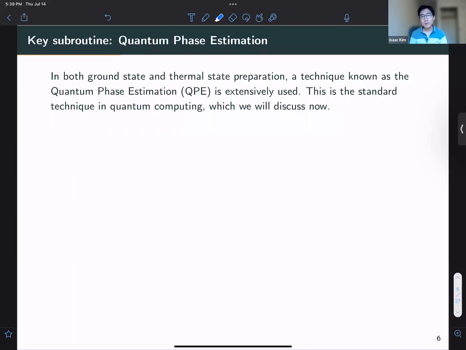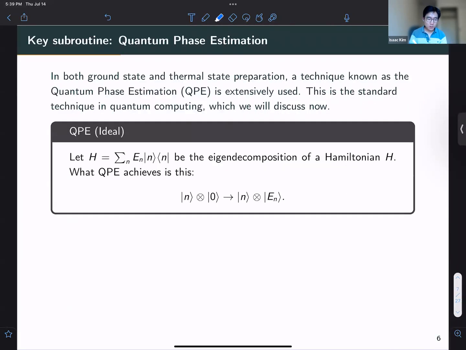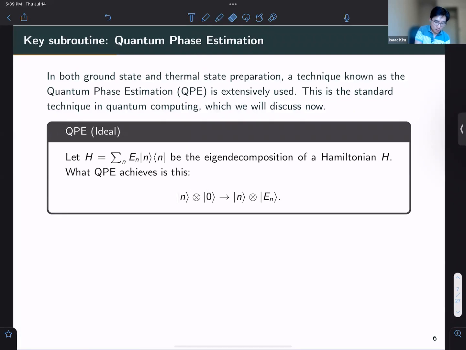A single sentence summary of quantum phase estimation would be a unitary transformation which achieves the following. Suppose you're given a Hamiltonian, and here I wrote down the eigenvalue decomposition of the Hamiltonian. Here En is the energy of the eigenstate n, and |n> is just an energy eigenstate.